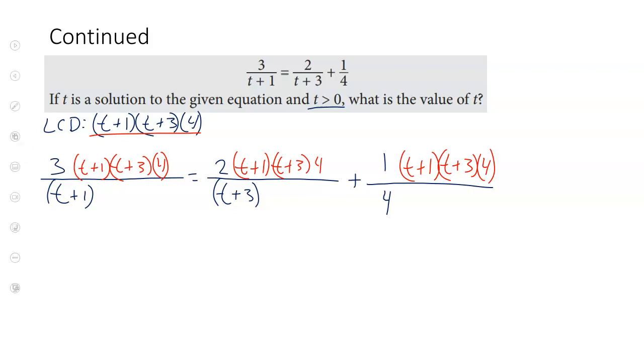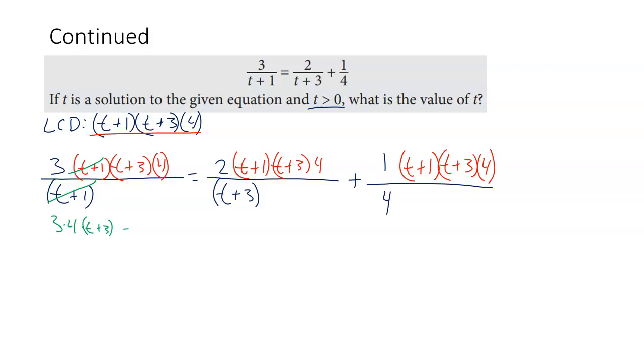What happens in this first fraction? The t plus 1 cancels out, leaving me with 3 times 4 times t plus 3.